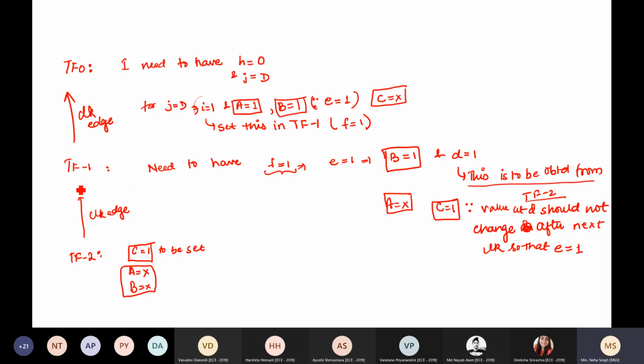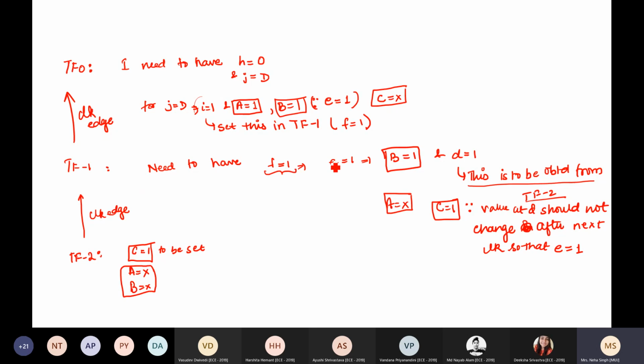What happened in the last time frame? To get this F equal to 1, I ensured that A equal to X, B equal to 1, C equal to 1, so that I have E set equal to 1, which gives me F equal to 1.